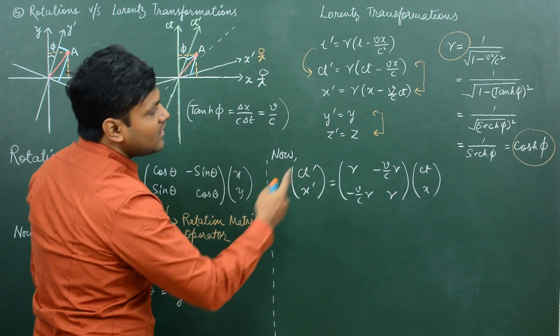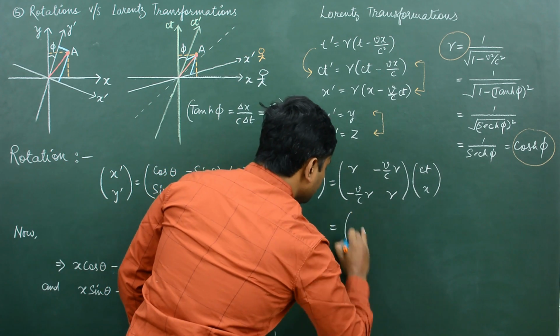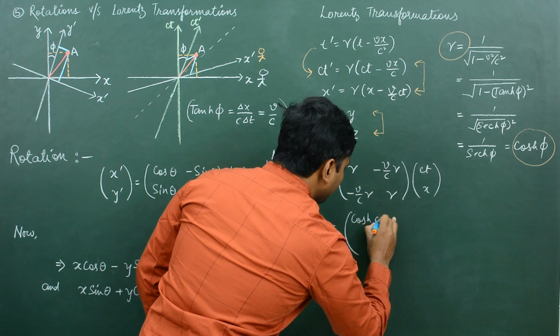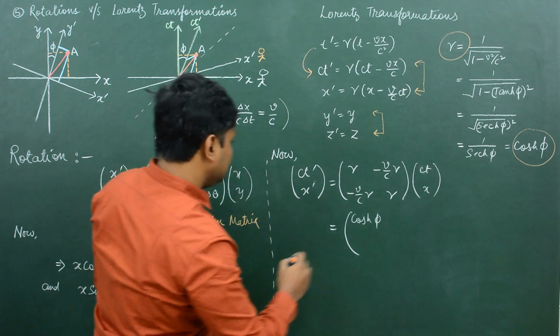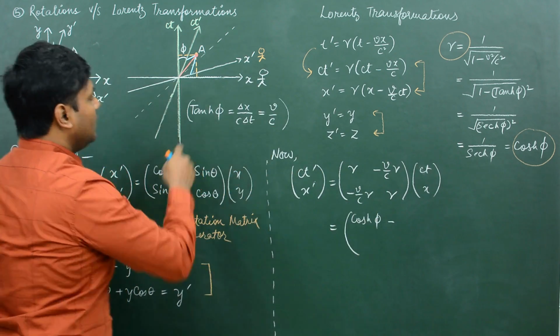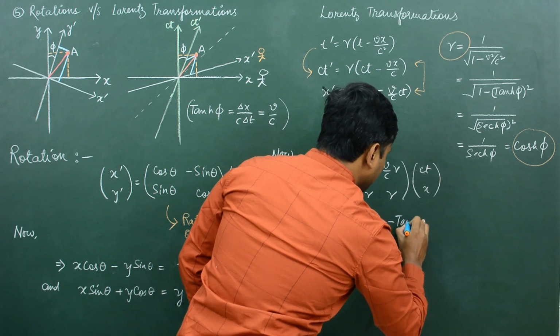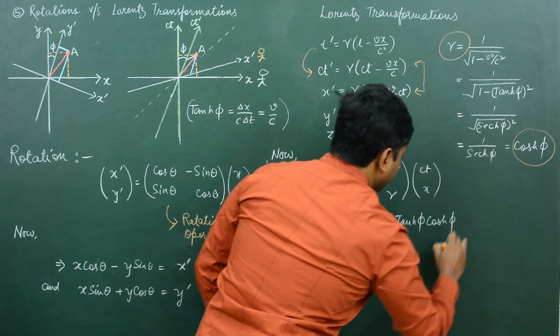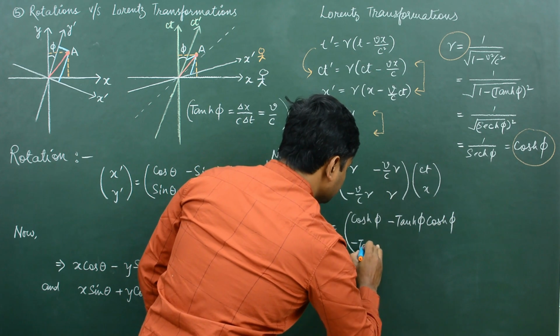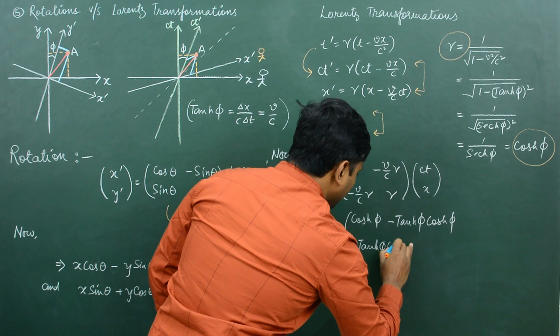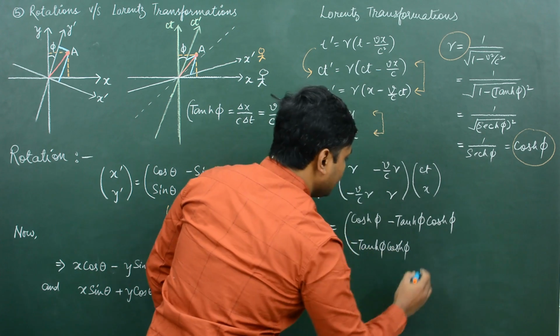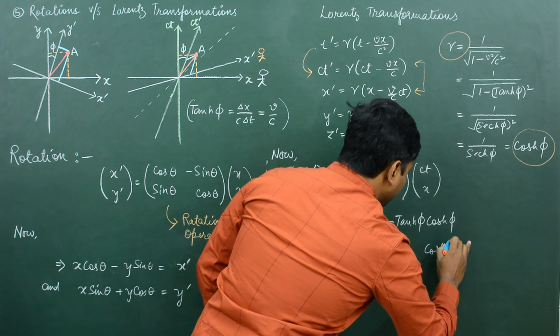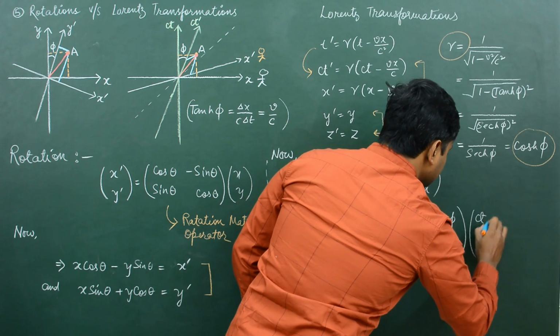Okay, so what is gamma? Gamma is cosh phi. What is minus v upon c? Minus v upon c is minus tanh phi, multiplied by gamma which is cosh phi. So here again we have minus tanh phi multiplied by cosh phi, and here we have again cosh phi, acting on ct and x.